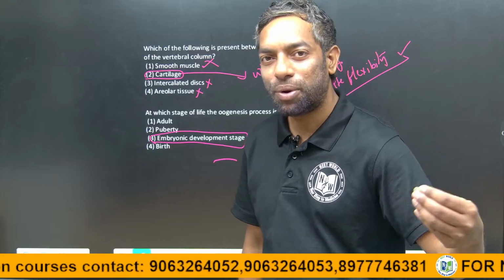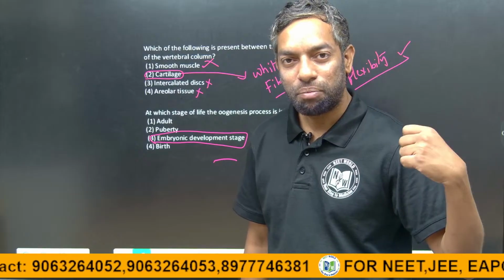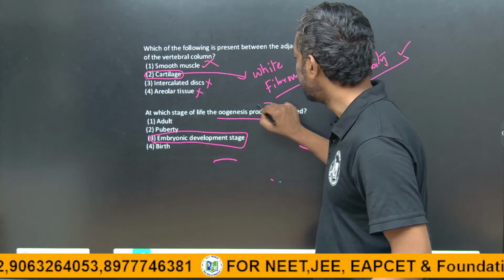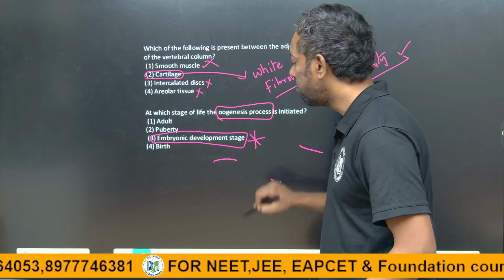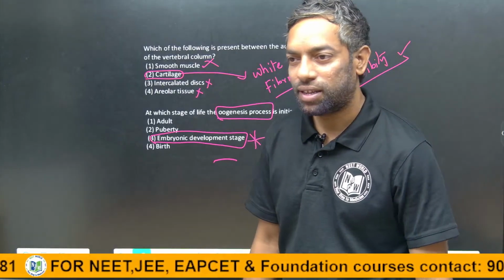Stem cells can produce gametes. So in females, in the embryonic development itself, they start the oogenesis process, guys. This is very important. Follicles release after puberty.